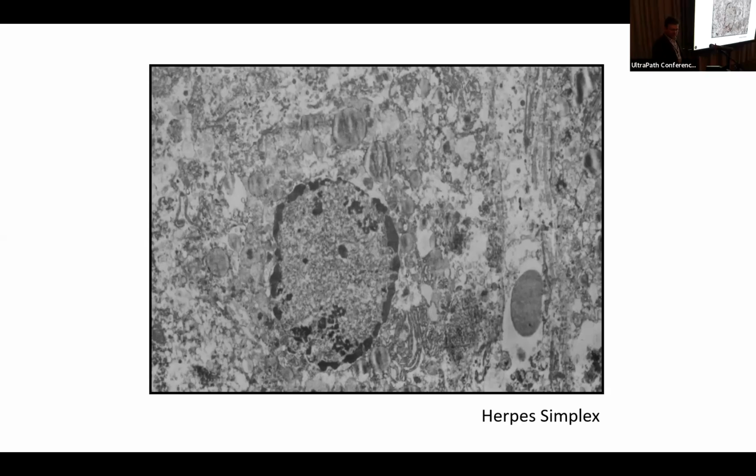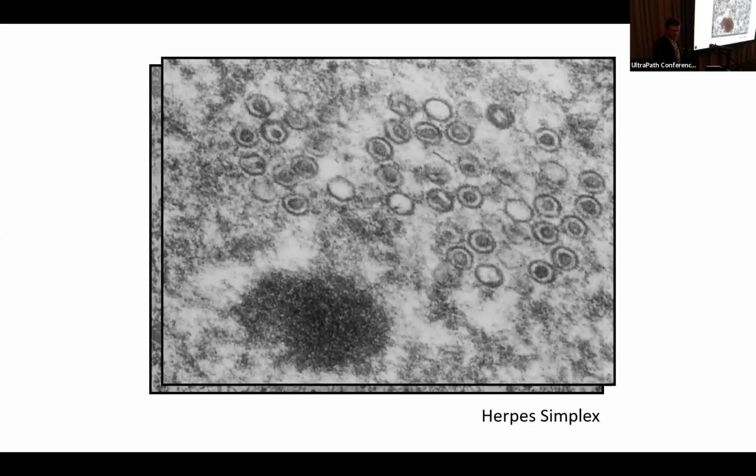This patient was not suspected of having herpes simplex virus, but during the light microscopic examination, some intranuclear inclusions were seen. So the tissue block was given to us to take a look at. And despite this very poor preservation, we're still able to identify the herpes virus here.